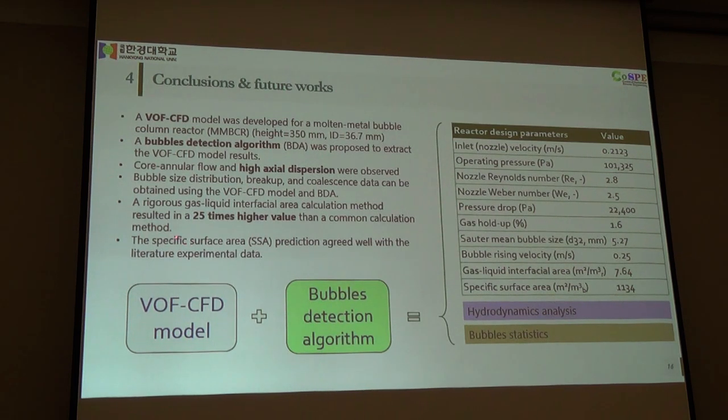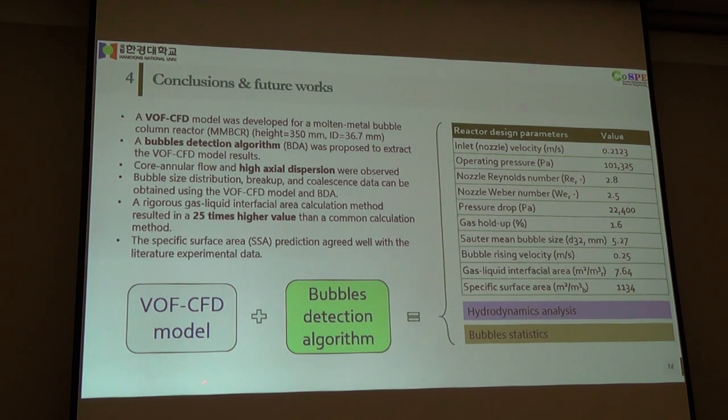By applying the rigorous gas liquid interfacial area calculation method, we found around 25 times higher value of the interfacial area than the common calculation method, and the specific surface area prediction agrees well with the literature experimental data.